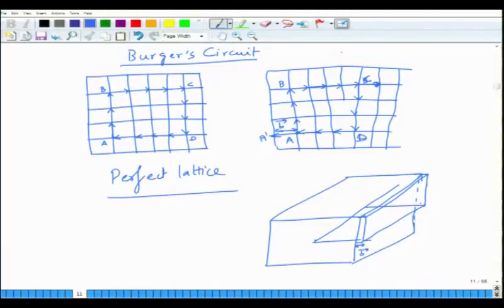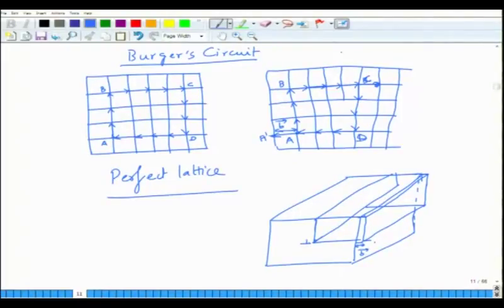This is your extra plane of atoms. Basically, the Burgers vector is perpendicular to the dislocation line in the case of an edge dislocation.